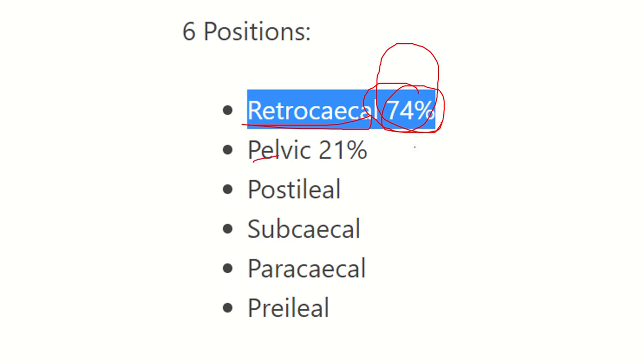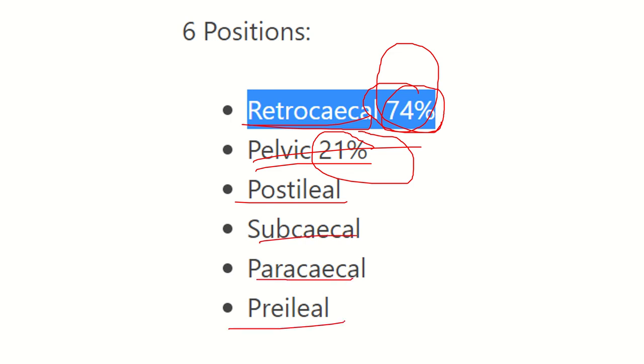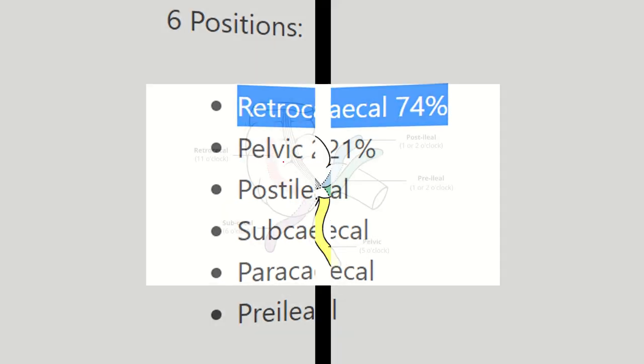Then pelvic, it is 21%. So retrocecal and pelvic are the most common among them. Retrocecal is 74% and pelvic is 21%. Then some other positions such as post-ileal, subcecal, paracecal, and pre-ileal. So these are the normal positions of the appendix.